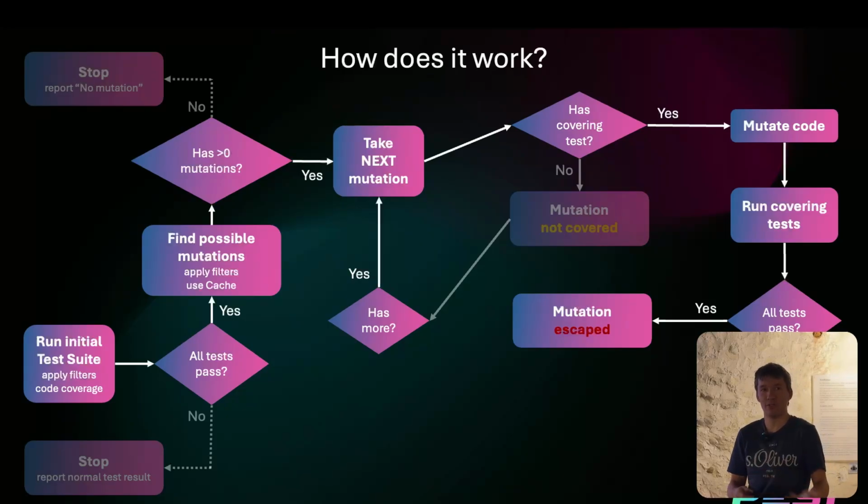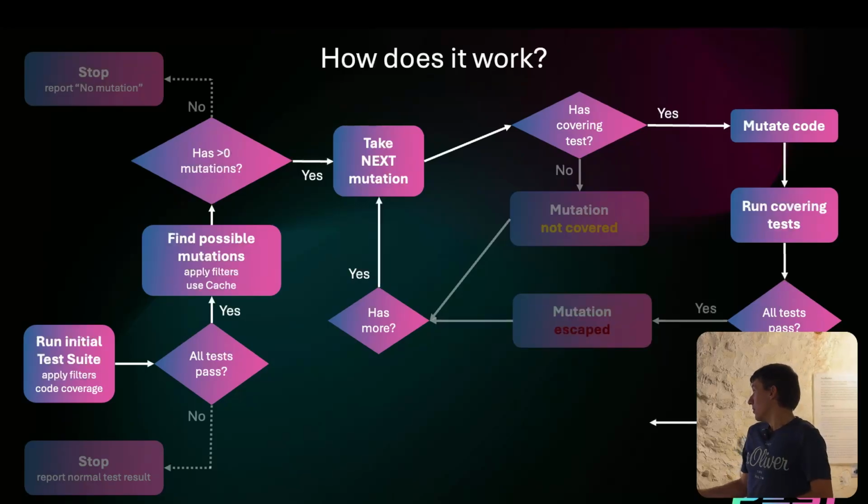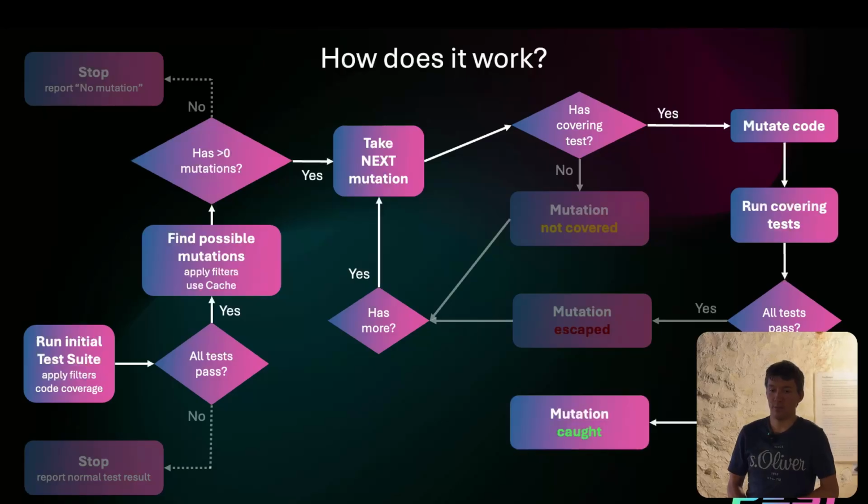We removed the early return statement, but the test suite still passed. So in this case, it marks the mutation as escaped. In the other case, if not all of the tests pass, it marks the mutation as caught because it was able to detect the error in the application.